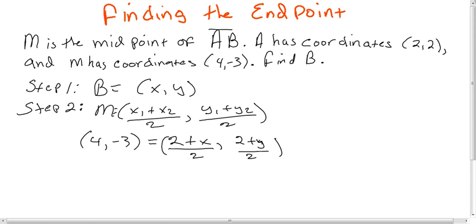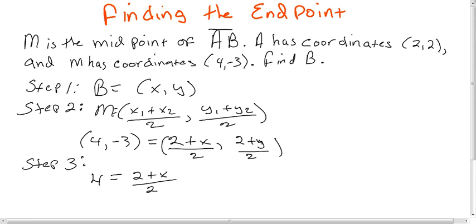Now, step 3, we need to find our x coordinate. Because we need to find both x and y, we'll do it in steps. Let's go with finding x first. We know that x is 4 for our M, so we will say 4 is equal to 2 plus x divided by 2.